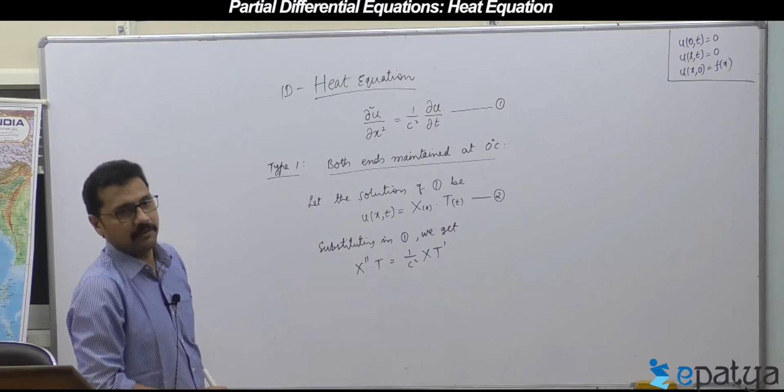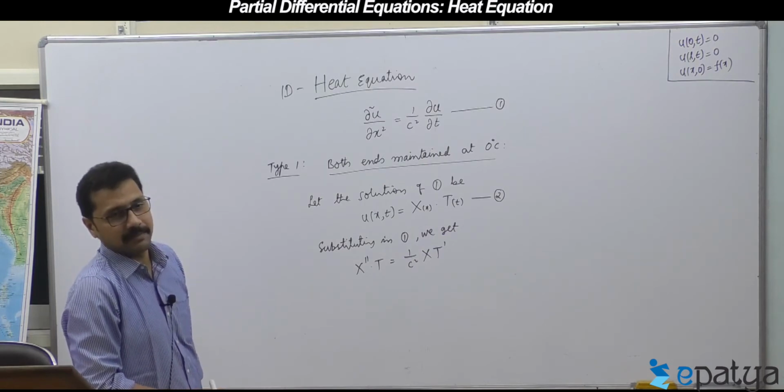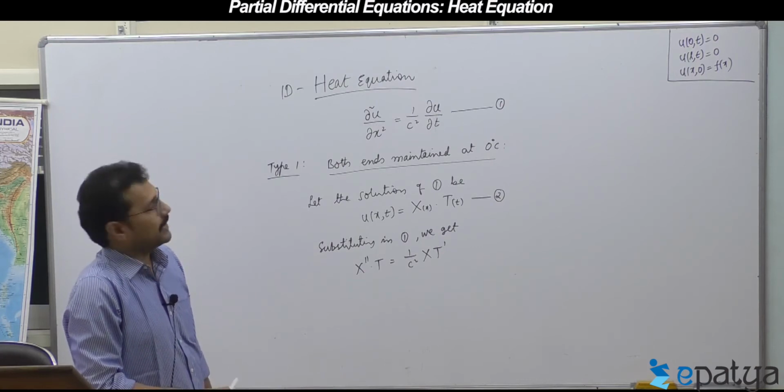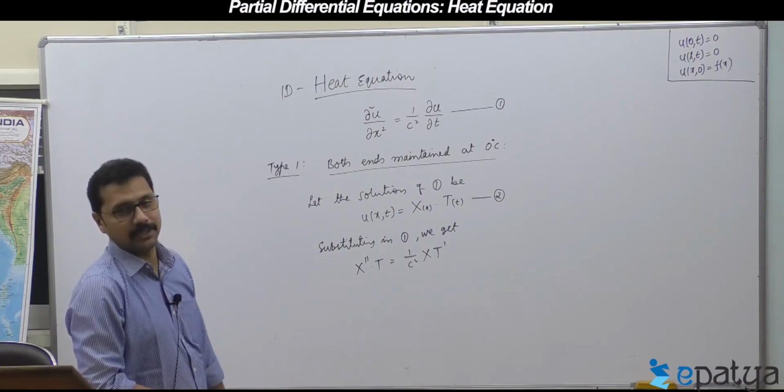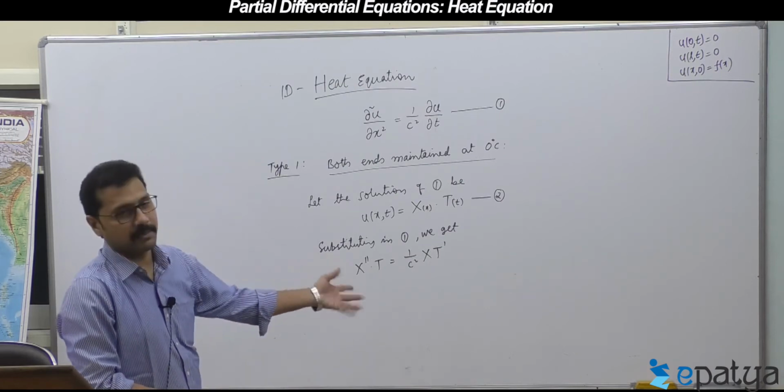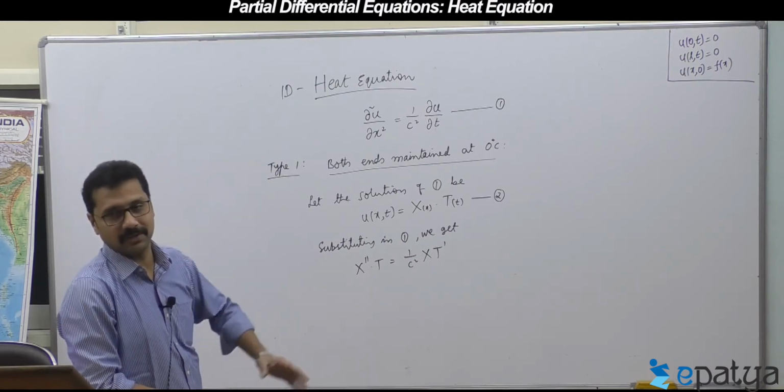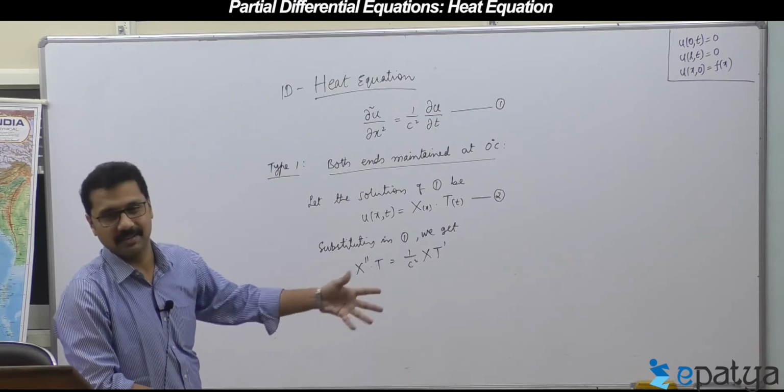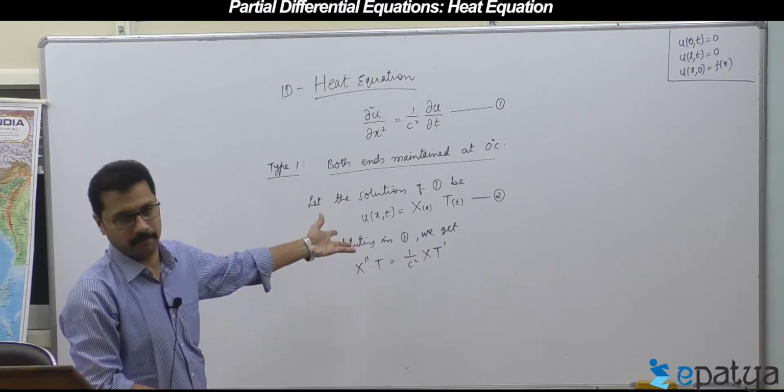Sometimes people refer to it as K also. I have taken C square instead of C or K because computations become easy. Or else somewhere or other we have to take root K. Why unnecessarily take root K? We'll take C square.